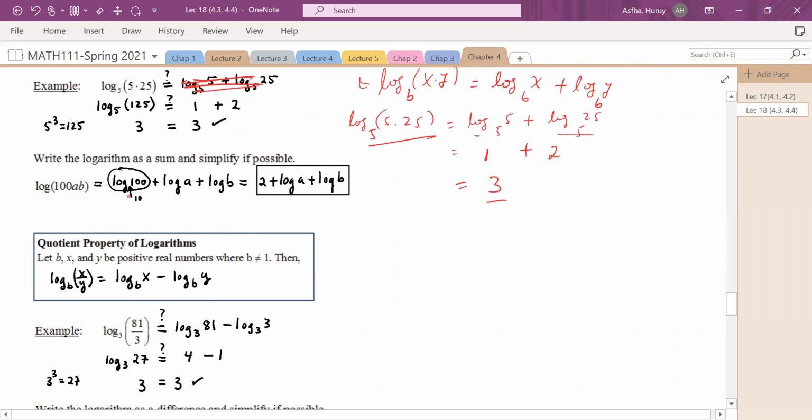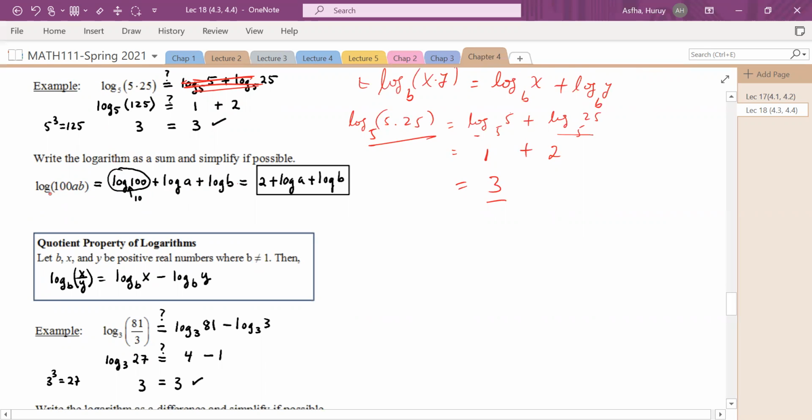Going the other way, another example, log 100AB. Again, we can write this one as log 100 plus log A plus log B. So here, when we distribute them, you may ask, what base do we choose? Because we don't have a base here. Normally, of course, here we have a base.